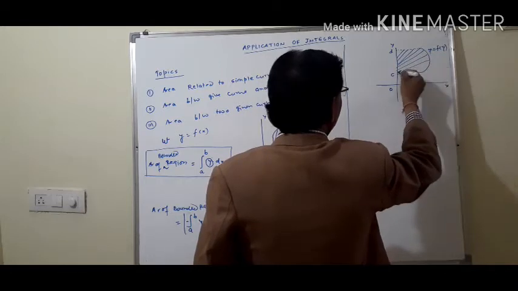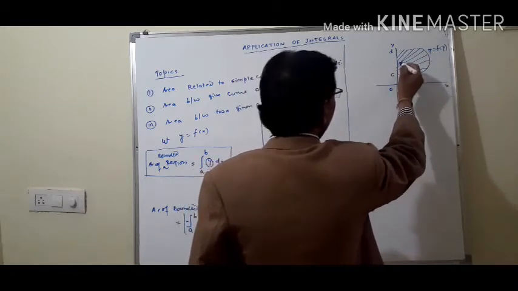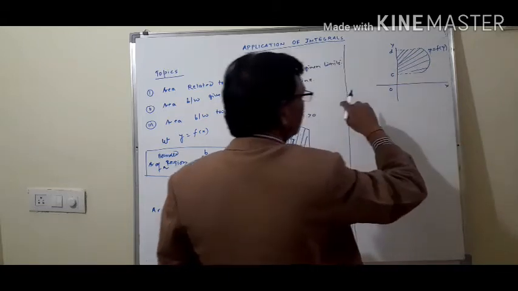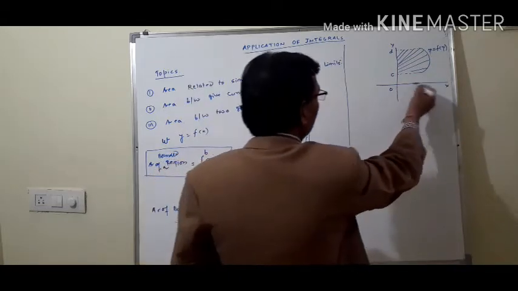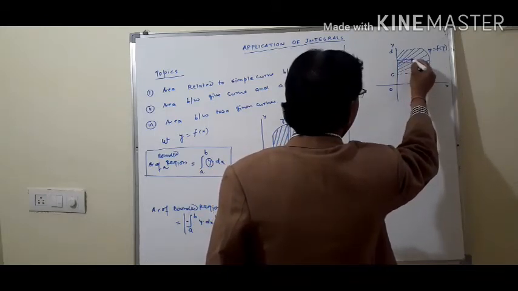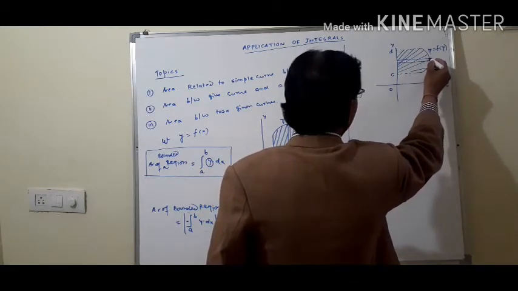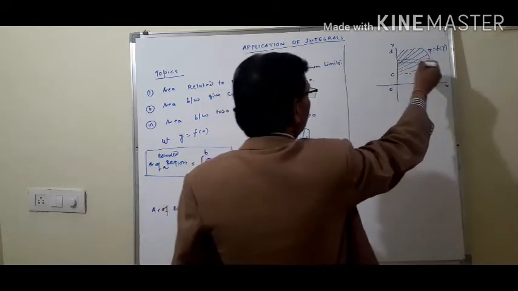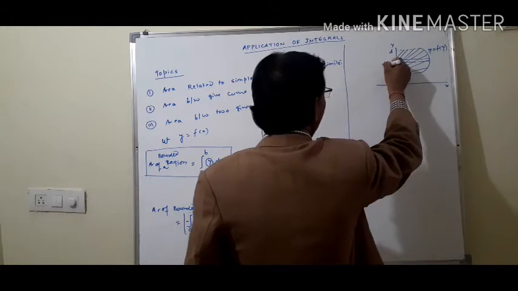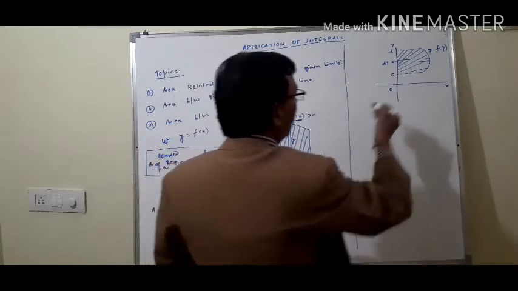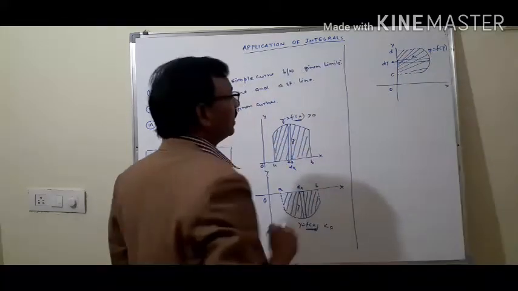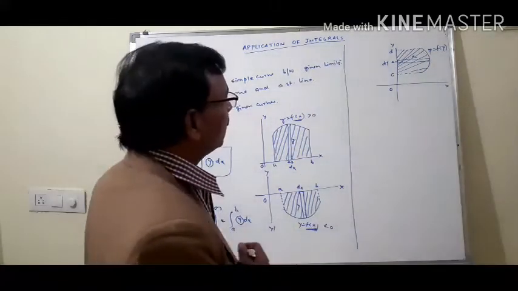we should draw a small strip parallel to the x-axis, that means a horizontal line, like this. This is a small strip in the form of a rectangle, its width is denoted by dy, which is very very small, and its length is denoted by x because this strip is parallel to the x-axis.